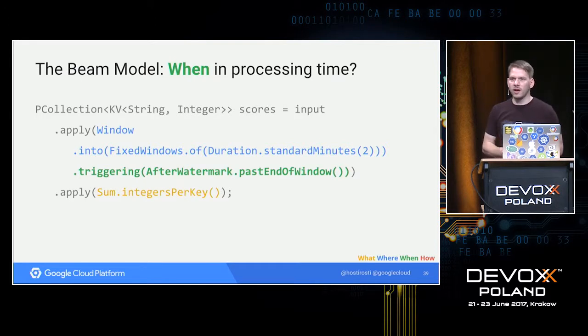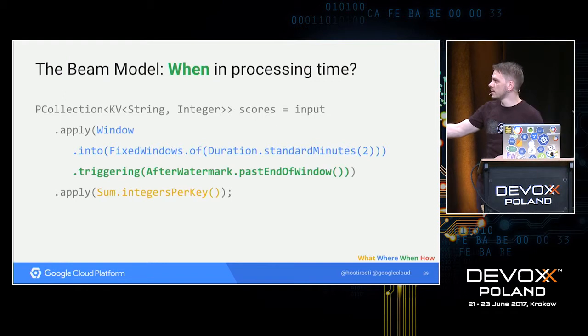So now if I want to emit my results when I believe that I have seen all my data for my window, let's assume this 2-minute window from 12:00 to 12:02, my watermark might tell me at 12:03, I believe we have seen all your data. That is based on heuristics, or if you want to implement it, and you know when all your data has come in, you can also define this watermark for the system.